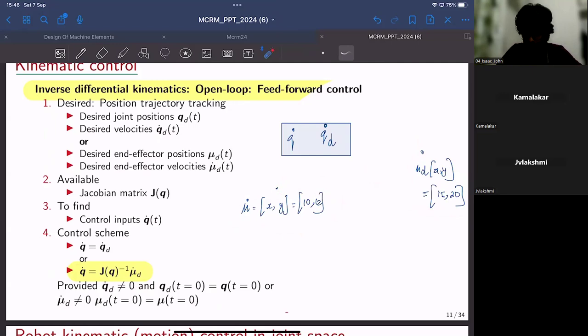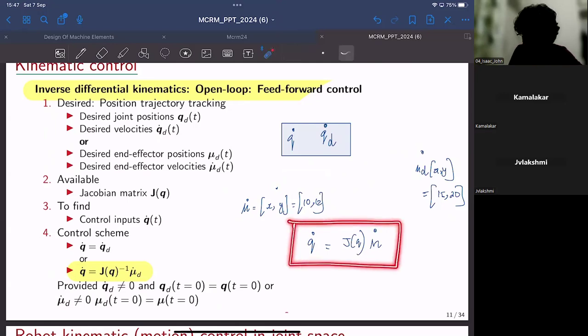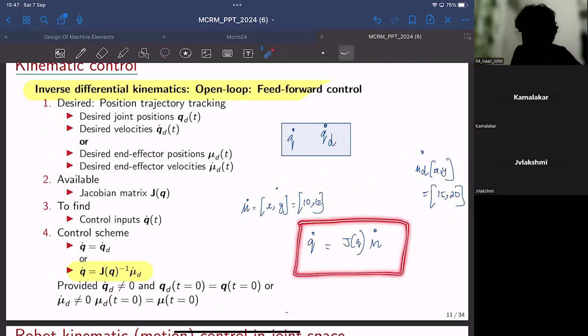Okay. Because the general law is, desired means you can say calculated. The general control law is q dot is J of q mu dot. This is the general law. Forget about the desired parameters.